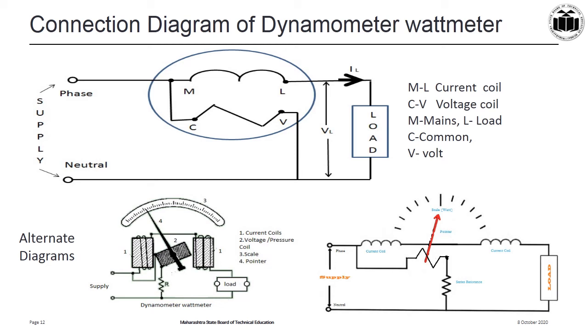The terminals marked M, L, C and V have specific meaning. M stands for mains, L stands for load, C stands for common and V stands for voltage. These basic four terminals are always present on the wattmeter. The alternate diagrams drawn represent the internal structure of the wattmeter.